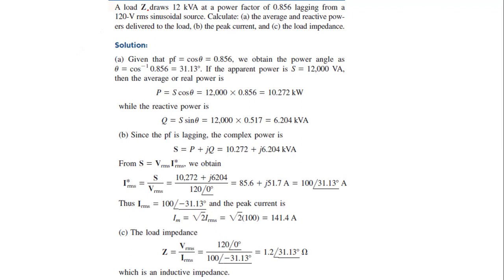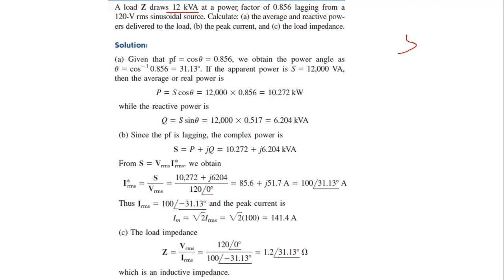What is given? We have a load Z which draws 12 kilovolt ampere. Volt ampere is the unit of apparent power, so the given power is nothing but apparent power S. S is given as 12,000 volt ampere.